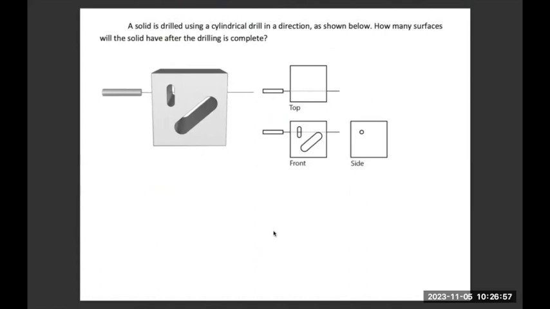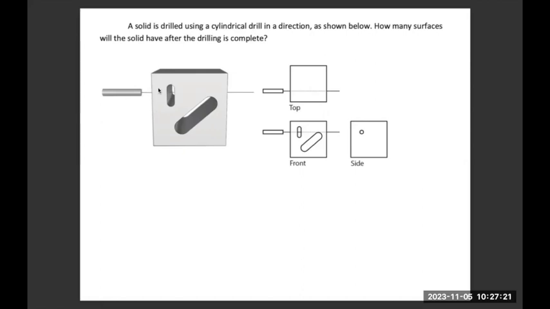Here, a solid, which is a cube, is drilled using a cylindrical drilling machine. This is the direction in which the drilling is happening. You're shown it's a cylindrical drill, which means a circle cutout, of course.